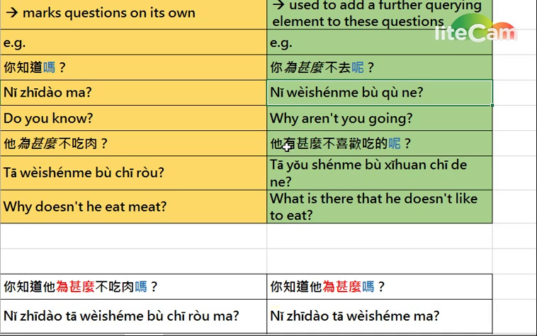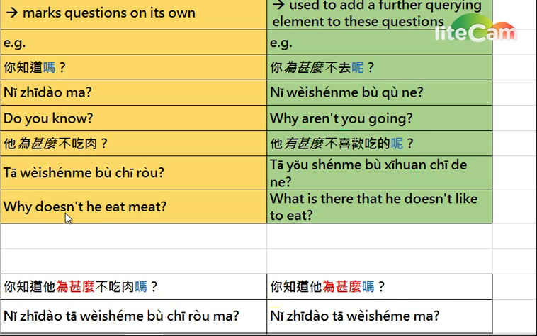And the second example is 他有什么不喜欢吃的呢？ And here the word 什么 means what. The question word what can be used at the same time with the particle ne. And of course, both would be grammatically valid questions without the particle ne.